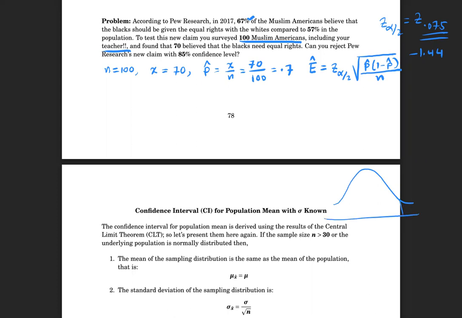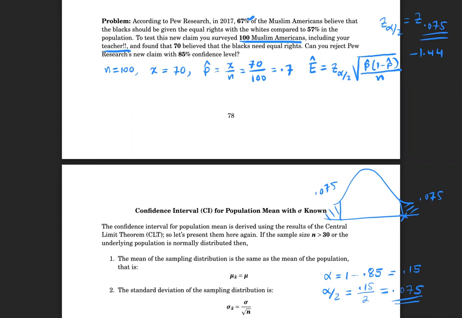And this is going to be 0.075. You know how to find that value, right? Alpha is equal to 1 minus 0.85, which is 0.15, right? So alpha over 2 is 0.15 divided by 2, which is 0.075. And that's how I got 0.075 in each tail.